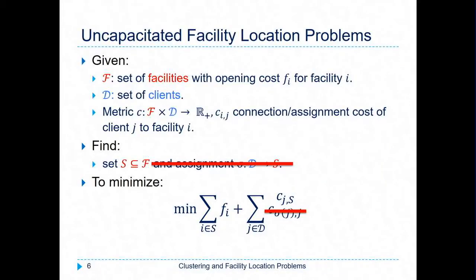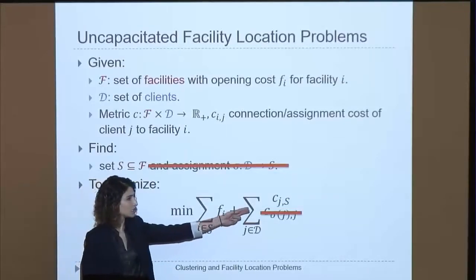So we connect each client to the corresponding facility, and then we want to minimize the total cost. Without loss of generality, we can assume that a solution is characterized by just a set of open facilities, because we can just assign each client to the closest possible facility. So we can remove the assignment part, and we use the notation c_jS to denote the cost of connecting client j to the set S.